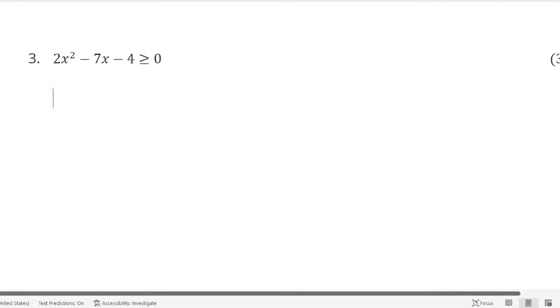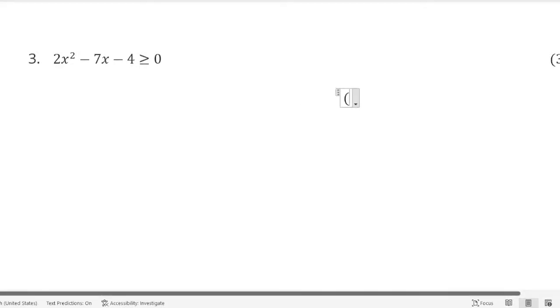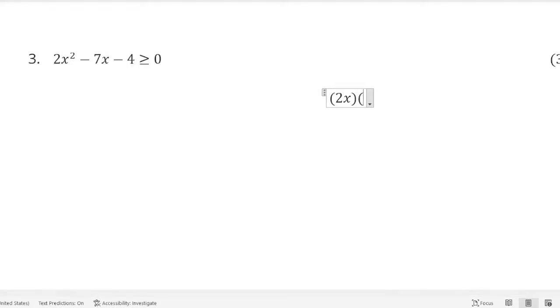So we have factors of 2x squared is going to be 2x into x, that will give us 2x squared, is greater or equals to 0, right?